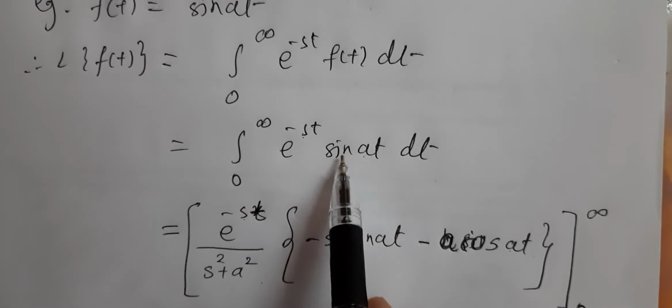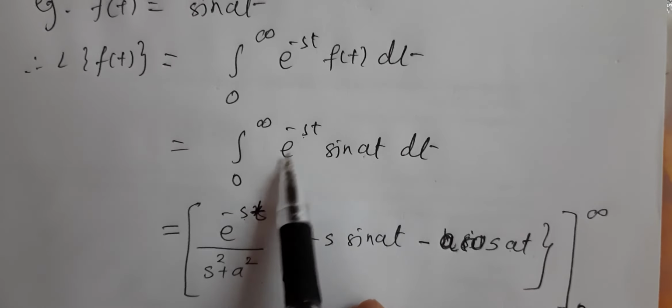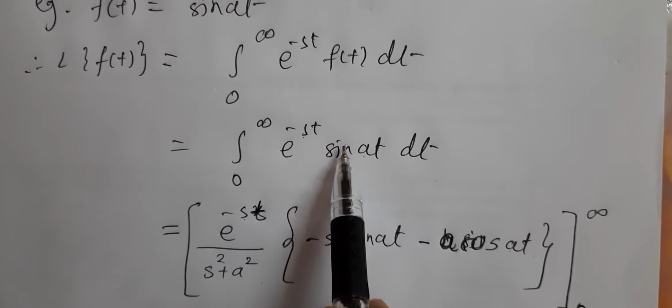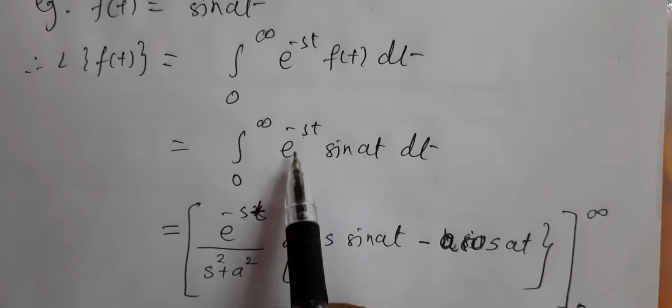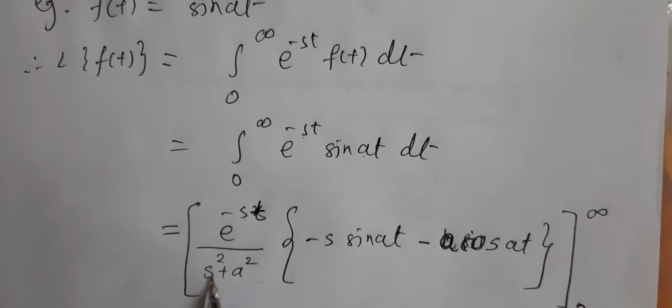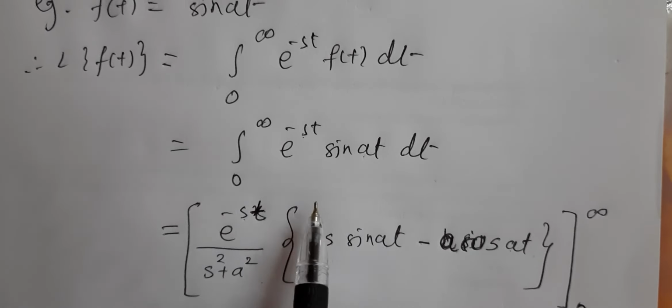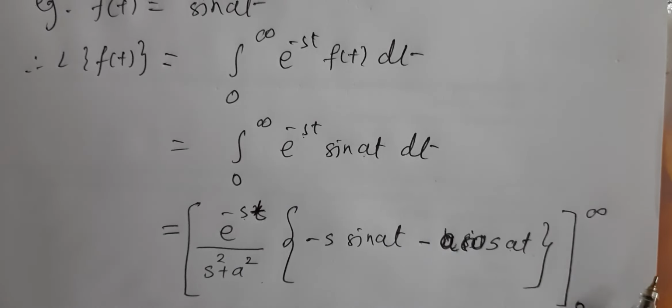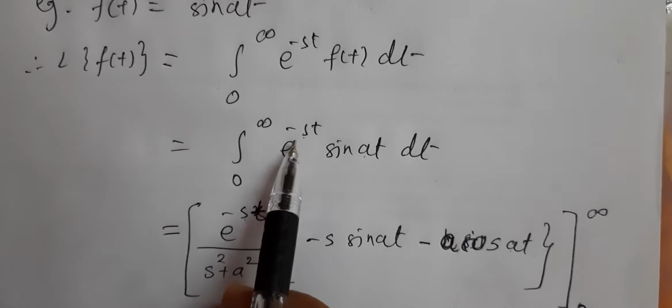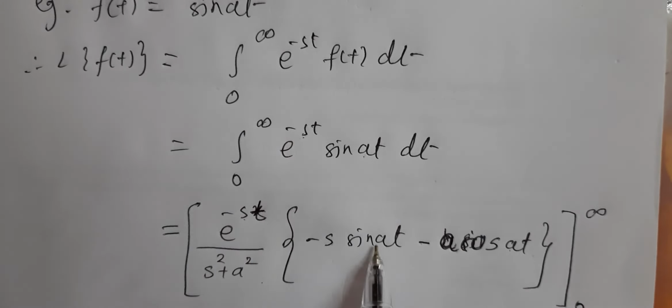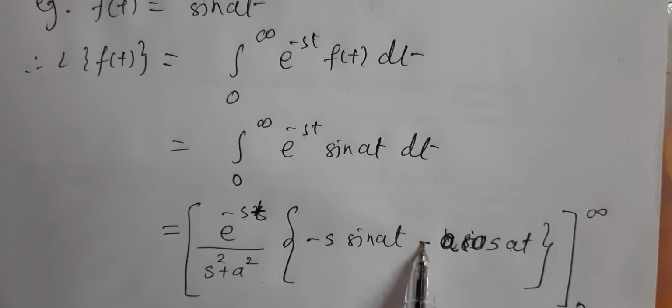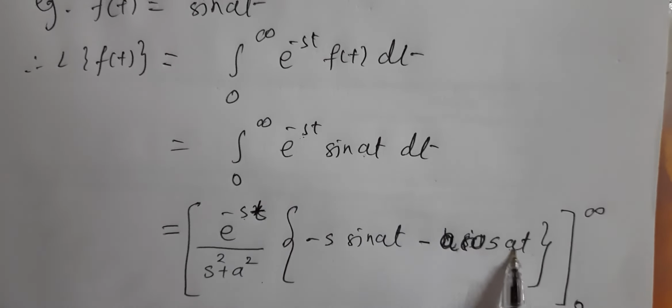The formula for the integration of e raised to ax cos(bx + c) is e raised to ax upon a² + b² into a cos(bx + c) plus b sin(bx + c). Means we are going to get minus s into cos at plus a into sin at.